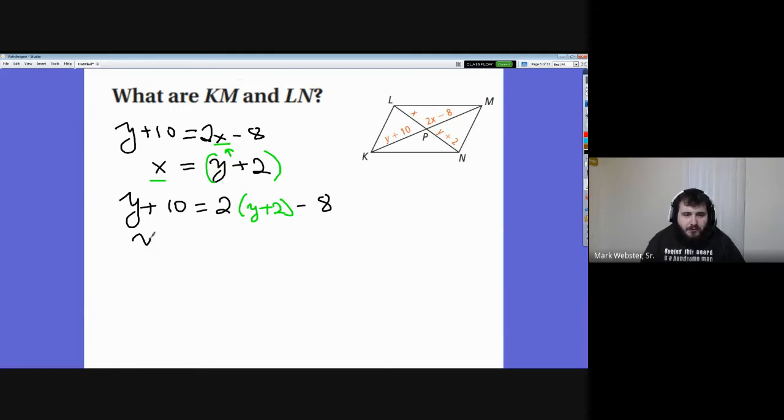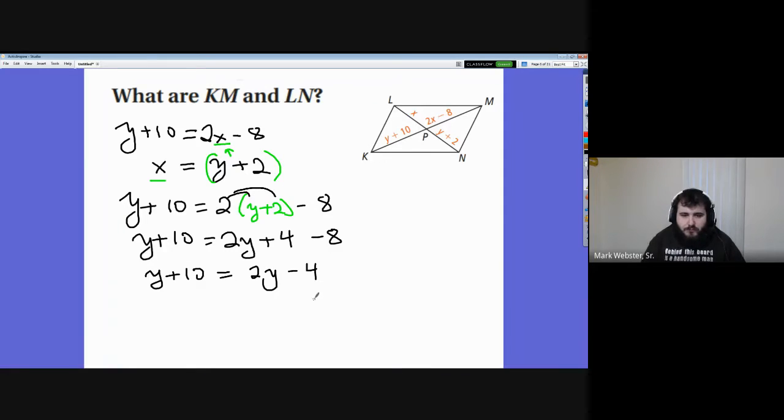So we got y plus 10. Going to distribute the 2 here, so 2y plus 4 minus 8. Well, let's simplify this. y plus 10 equals 2y. 4 minus 8 is negative 4. And now let's solve for y here. Bring the 2y over here.